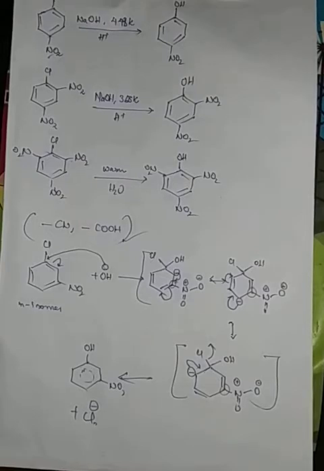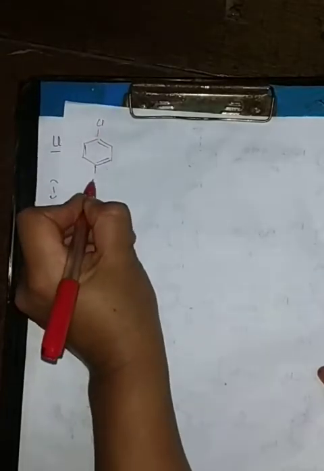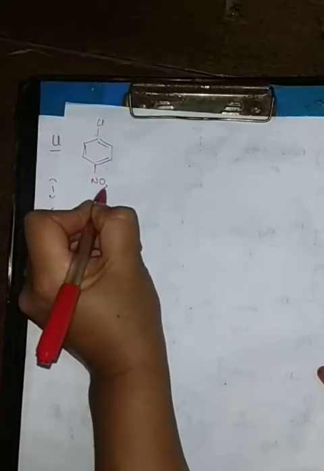Whereas if we check the resonance of our haloarene that happens at the ortho and para positions, let me draw here for the ortho isomer. Let's do it for the para position. Now the chlorine atom is here, our NO2 group is here.